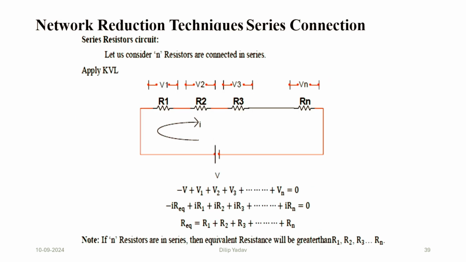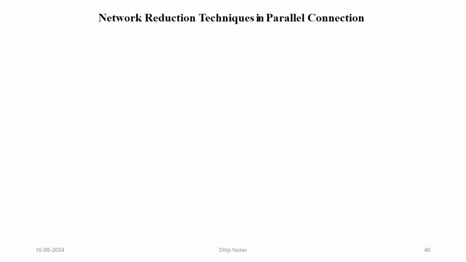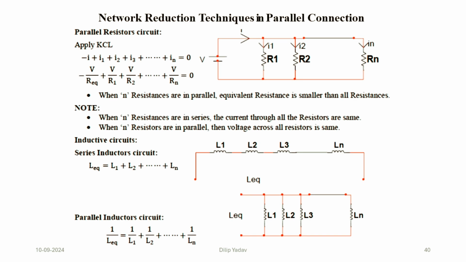Now moving forward, we have the network reduction technique in the parallel connection and the series connection. We know that in the parallel connection, the current is divided, but the voltage remains the same.